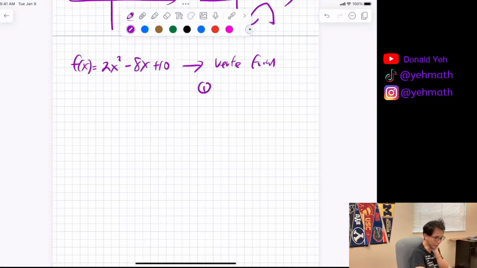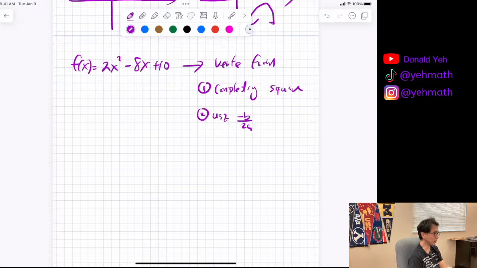So write down which two ways. First way is called completing the square. Actually, hold on. Complete the square. Okay, that's fine. The second way is use negative b over 2a, which is use axis of symmetry. I'm going to show you both ways, and then I'm going to give you a question. I'm going to ask you to do both ways. So first, let's do complete the square.